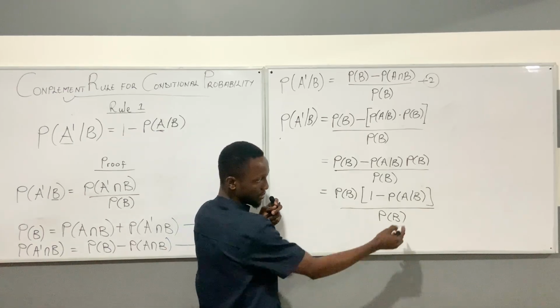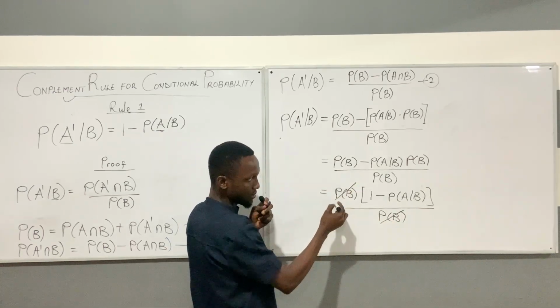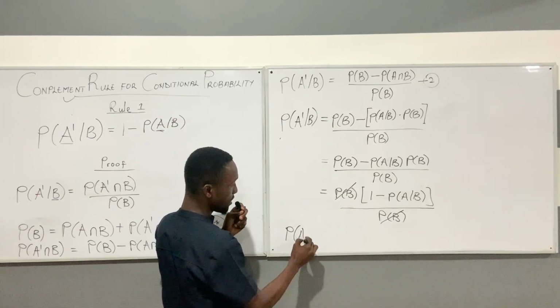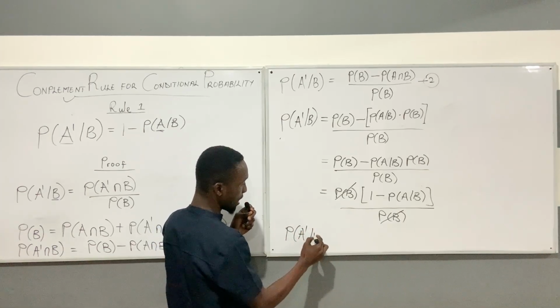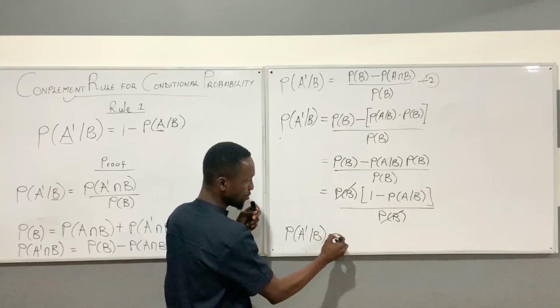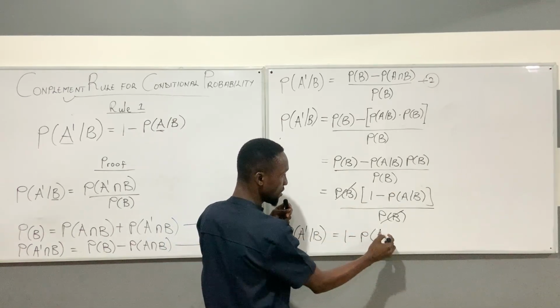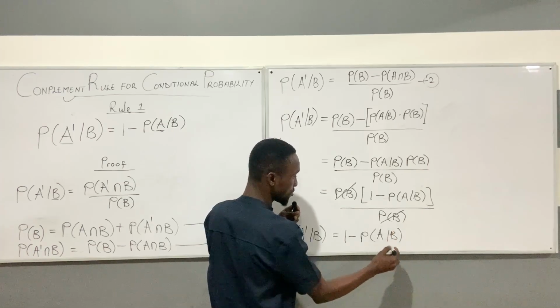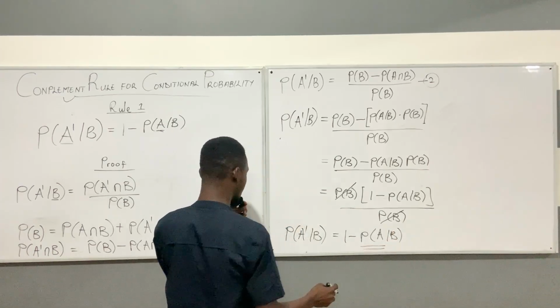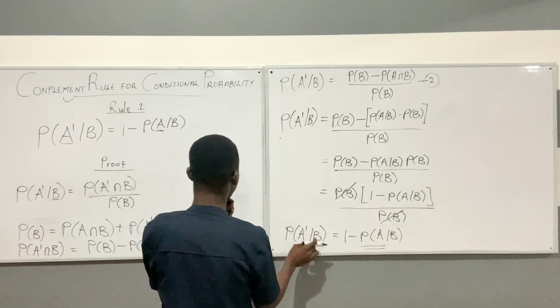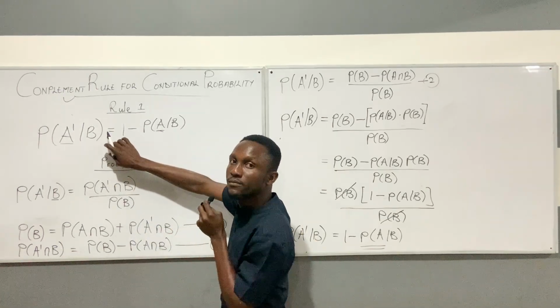Now it is simple. You could see that this can now cancel this. So the probability of A complement as B has occurred will give us this result, 1 minus probability of A as B has occurred. And this is why we said in the beginning that the shortcut method to solve for this is always using this.